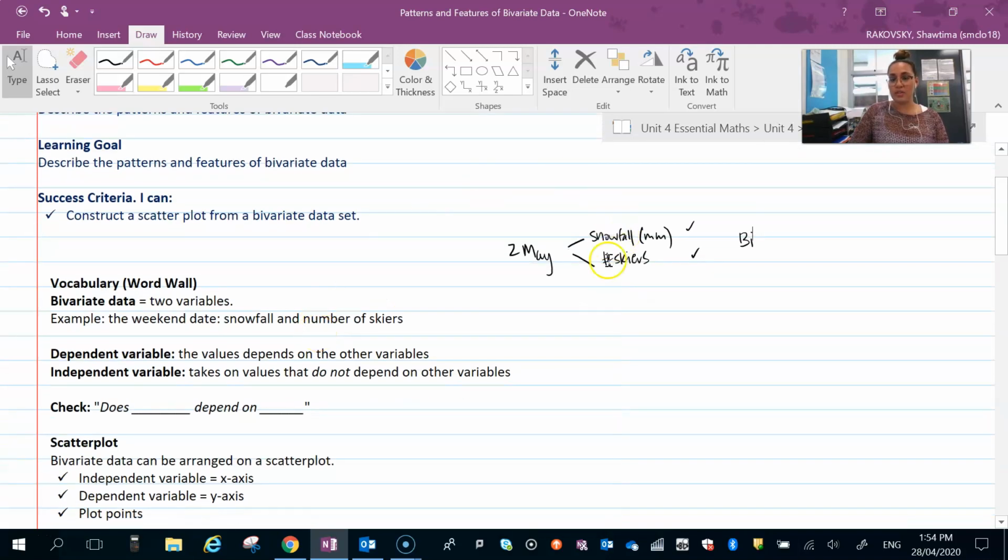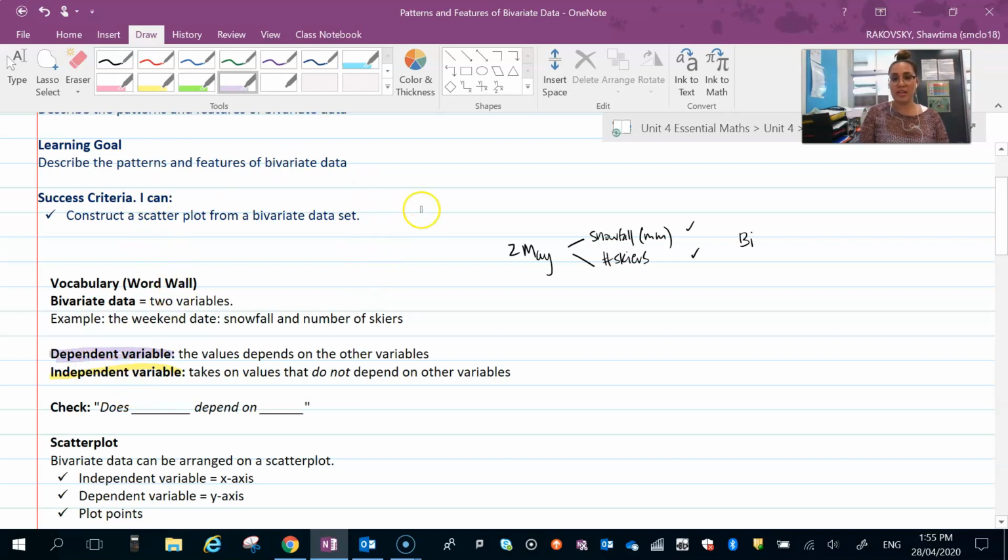So these two things have a relationship, and we need to decide whether each is the independent or the dependent variable. Your independent variable is the thing that will change regardless, whereas the dependent variable is the thing that changes as a result of the independent variable.